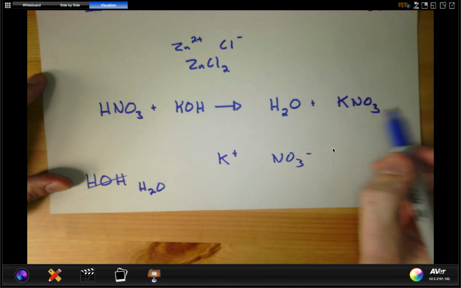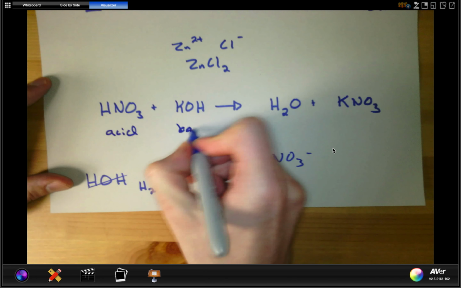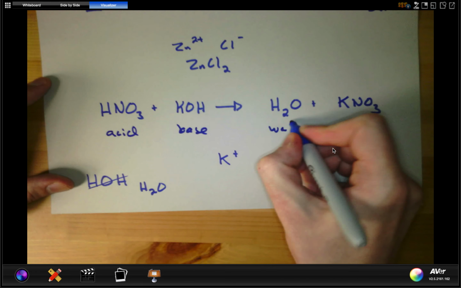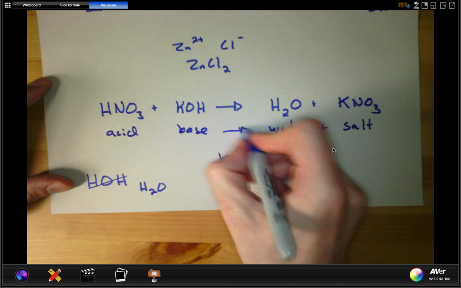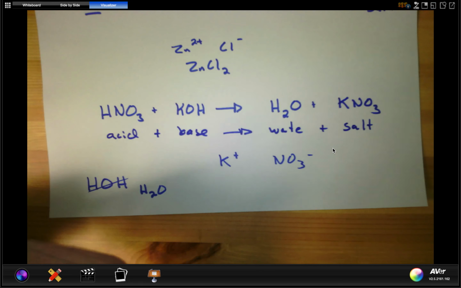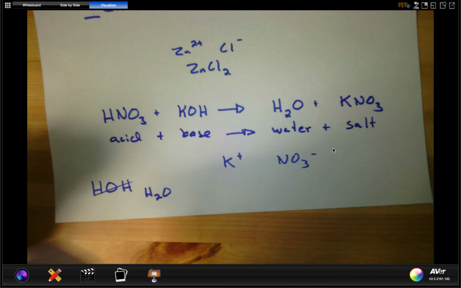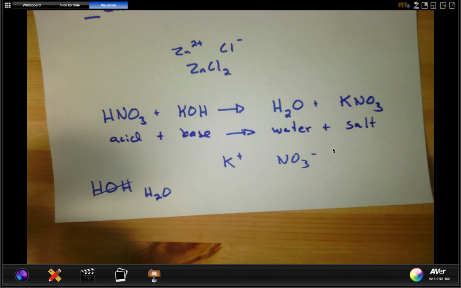So here's our neutralization reaction. We have our acid, we have our base, we have water, and our salt. Oops, I forgot my water. That's as hard as it's going to get, but it's going to happen every time.